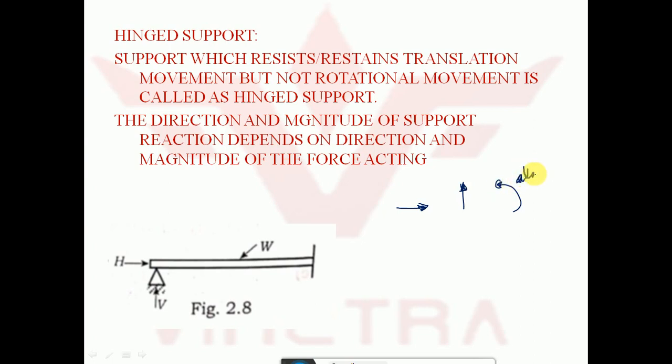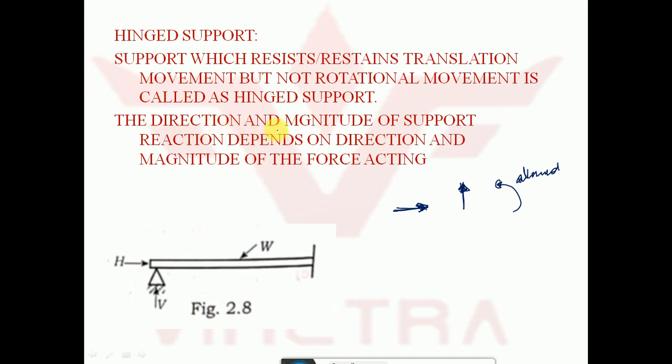A body is allowed to rotate, but it is not allowed to move in the horizontal direction and vertical direction. Translation movement is restrained, but rotational movement is not restrained. This is called a hinged support.